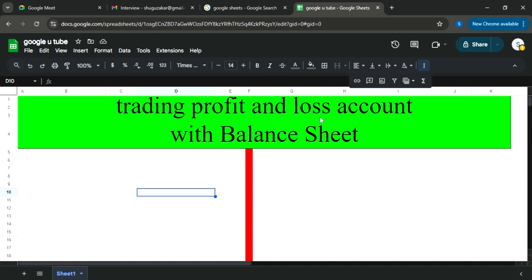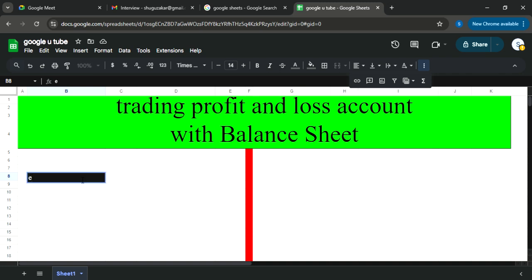Another new concept has been introduced in this chapter, and that is the balance sheet. But could you imagine? There is nothing new. Everything we have already understood. In accounting, we have said there are four pillars of accounting.